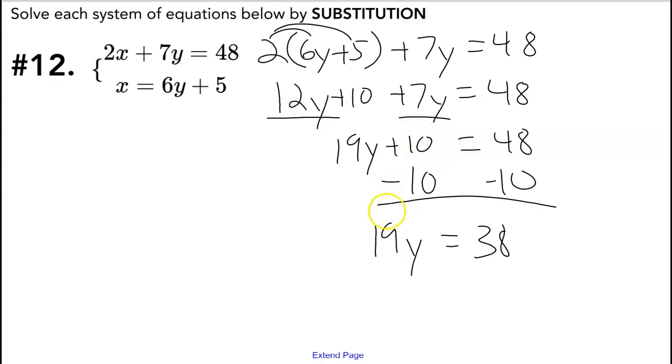The 10's cancel out. Bring down this 19y. Now I got 19y is equal to 38. Now I'm going to isolate this y by dividing by 19. The 19's cancel out, and y is equal to 2.